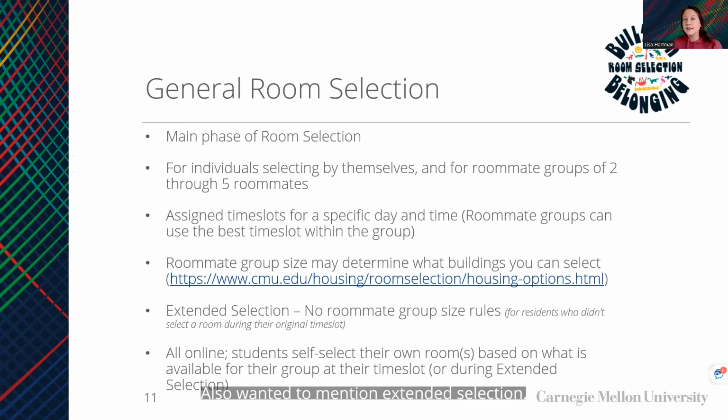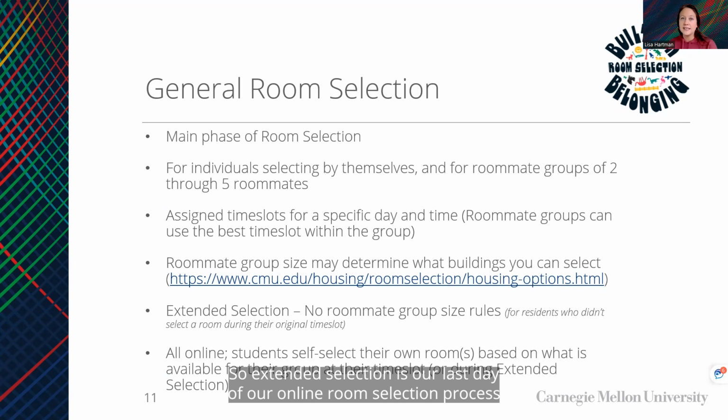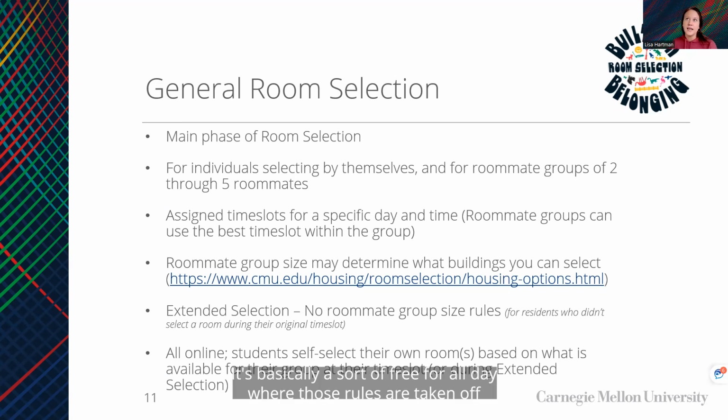Also wanted to mention extended selection. Extended selection is the last day of our online room selection process, where we're not issuing time slots. It's basically a free-for-all day where those rules are taken off, and anyone who hasn't selected yet or who missed their time slot can select from anything left that's available.